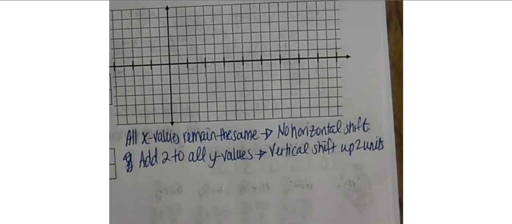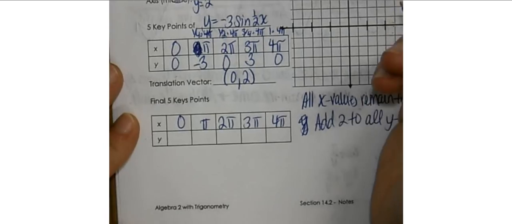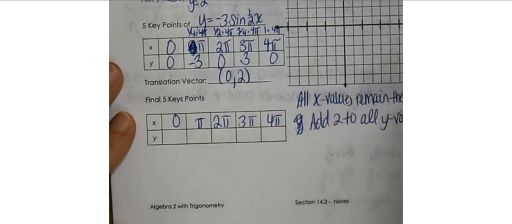So all of my x values get to remain the same. I'm going to start with 0, pi, 2 pi, 3 pi, and 4 pi. And then my y values are going to change. So 0 plus 2 is 2, -3 plus 2 is -1, 0 plus 2 is 2, 3 plus 2 is 5, and 2 plus 0 is 2. These are the points that we are going to graph.